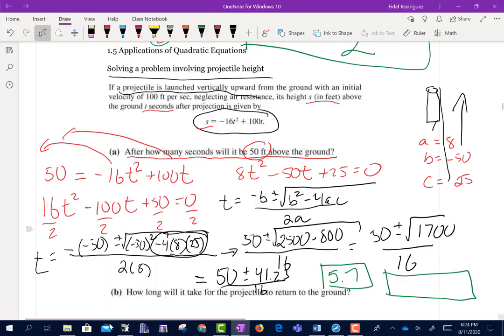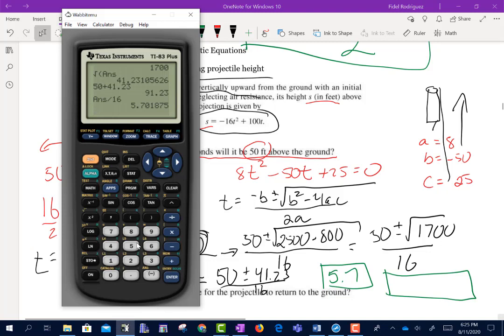Okay, that's one time. Now the other time is going to be 50 minus 41.23, and divide that by 16. And the other time, if I go to two decimal places, is 0.55 seconds.